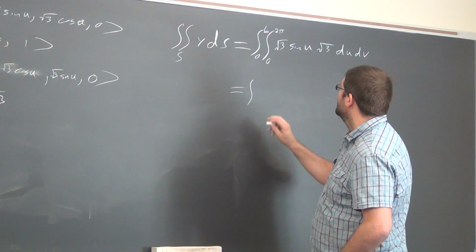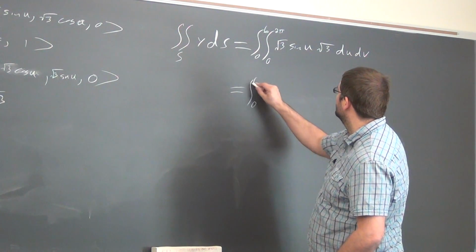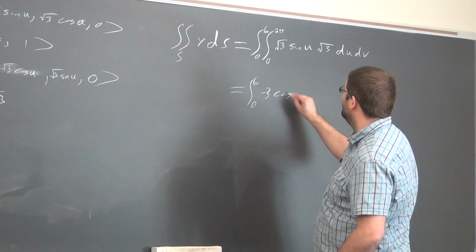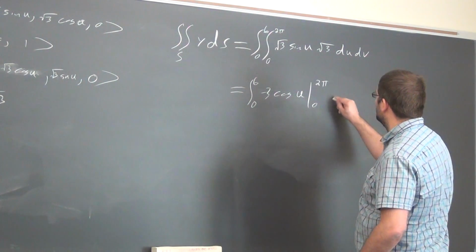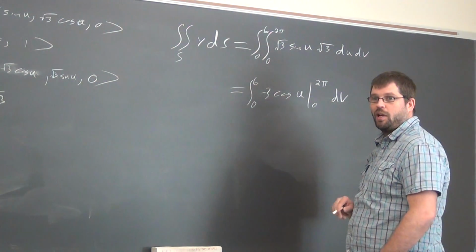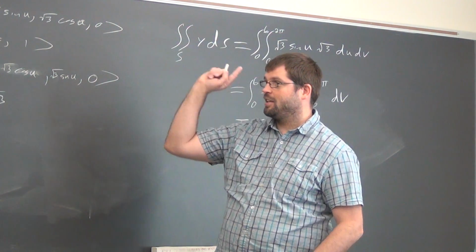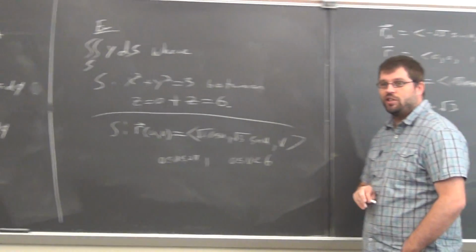Let's just double check. I guess we'll get it right away. So 0 to 6 will give you 3, and then the integral of sine will be negative cosine of u, from 0 to 2 pi, and cosine at 2 pi and 0 is the same thing. So you should end up with 0 here. Does that make sense based off of our function and our region?